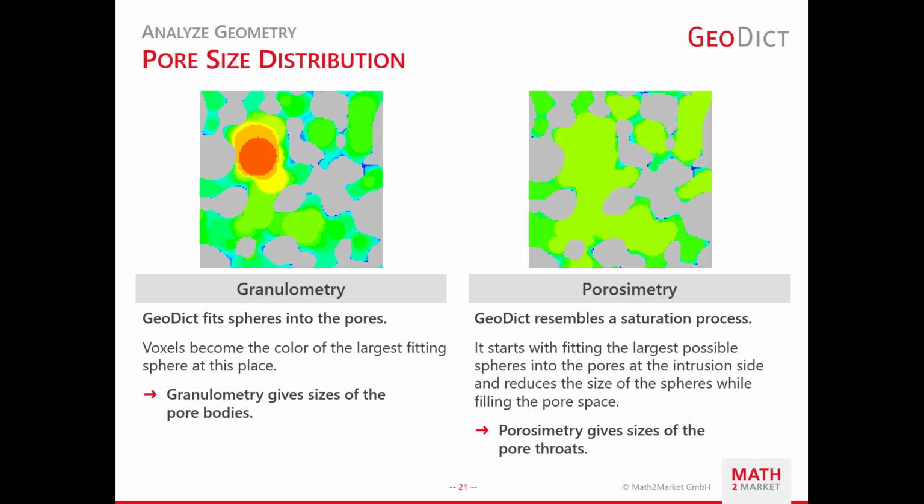So there's one approach where you really want to know what's the body of the pore, the volume, so to say, of the pore. And to calculate that, Geodict fits spheres into the pores. It just looks how large may a sphere be which fits into this pore, and once it touches the border of the pore, then the sphere can't be larger anymore. So this algorithm is called granulometry, and it really gives the body of the pore, so the volumes.